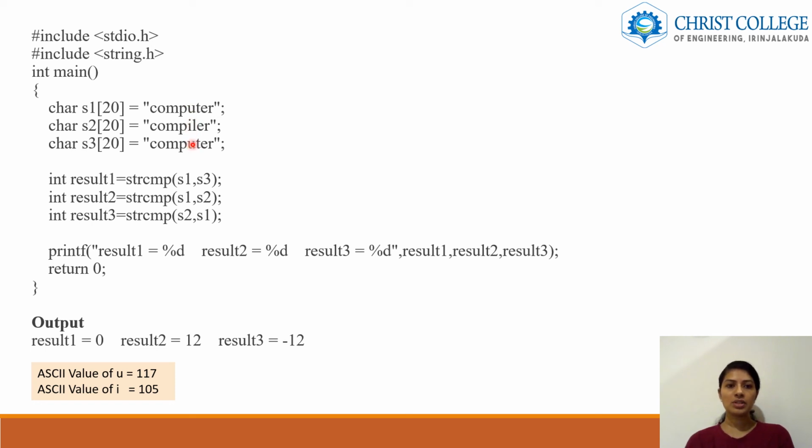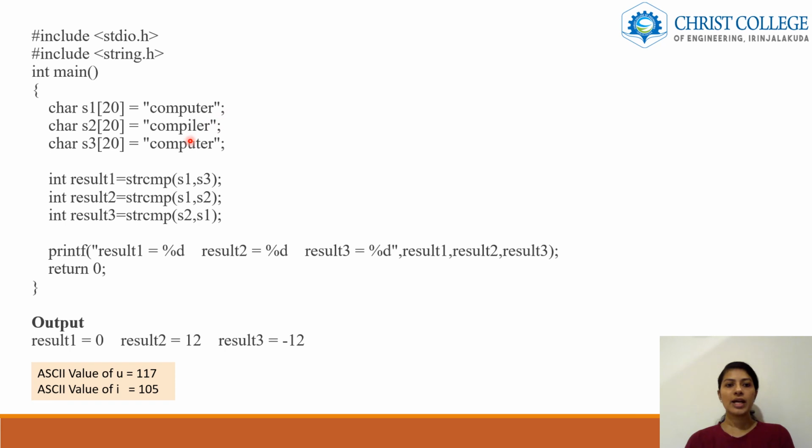So what happens is the ASCII value of U will be subtracted from ASCII value of I, because here when the function strcmp is called, the first argument is string 2 and second argument is string 1.